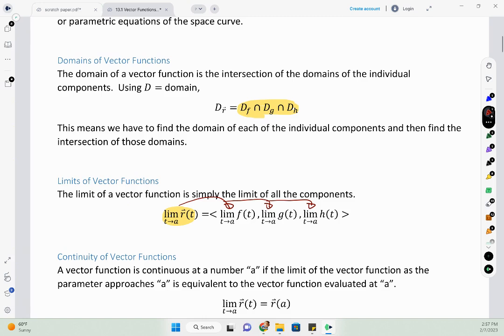And then we deal with those pieces individually. In the end, we will get some vector that is, hopefully, if there's continuity, f of a, g of a, h of a, provided all limits exist.